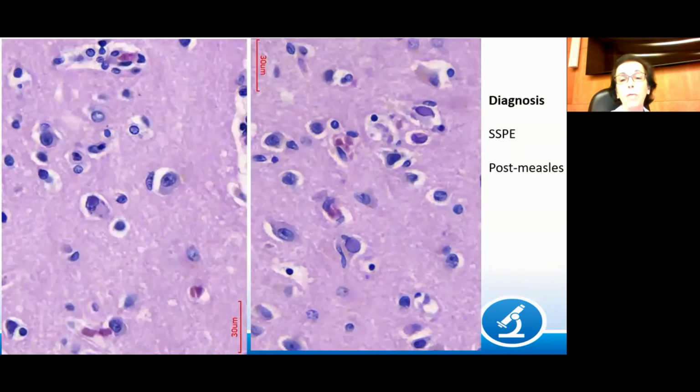Looking closer and looking for the cause of this, we could find intranuclear inclusions here. So this case was a subacute sclerosing panencephalitis, SSPE, post-measles. We went back to the history and this patient had had measles.